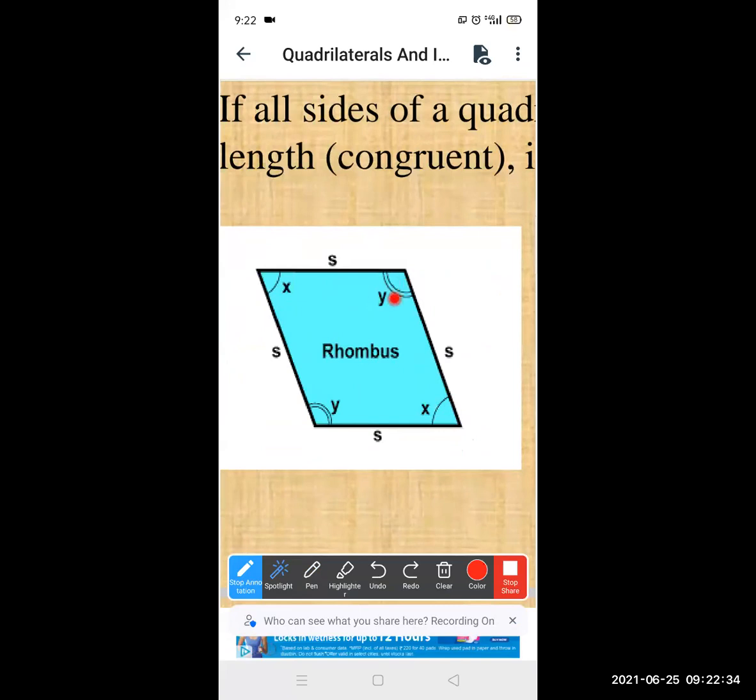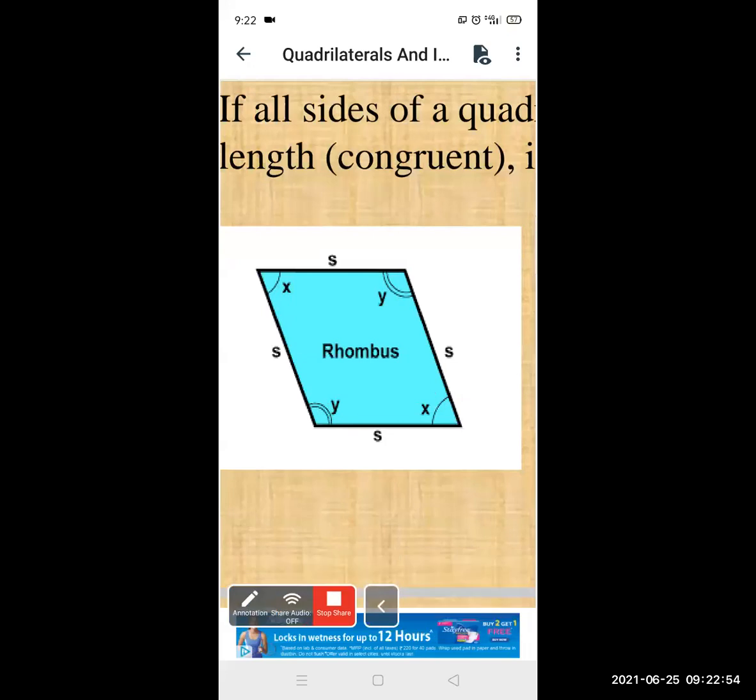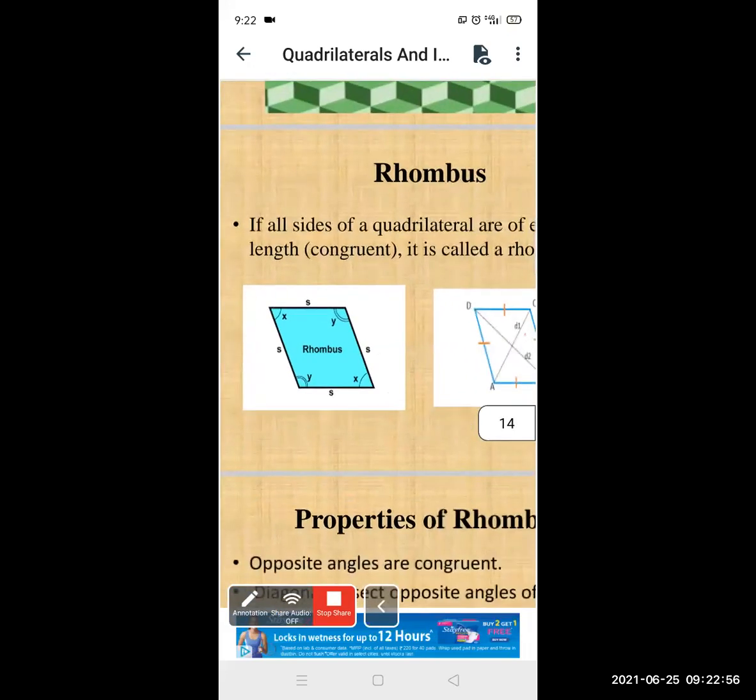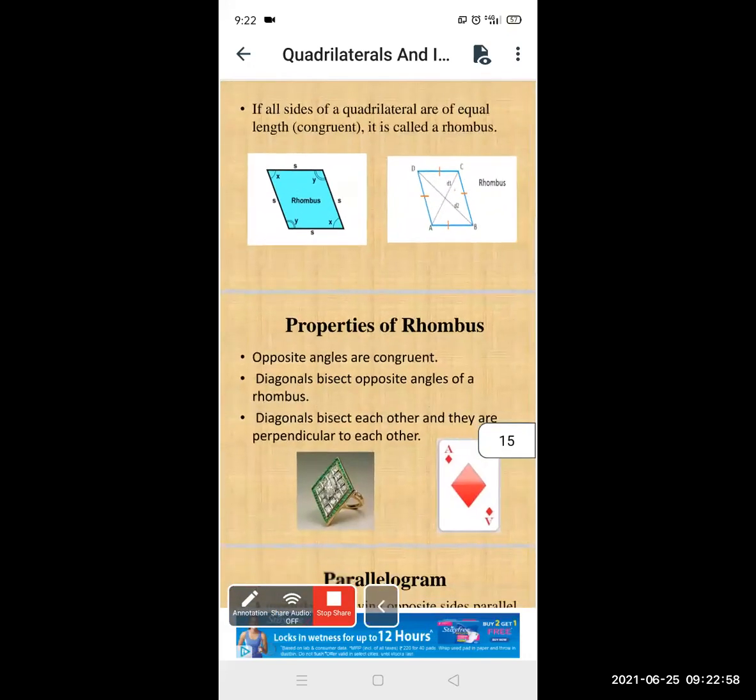Again, here is Y and here is Y, so these opposite angles are also congruent. The sides are S, S, S and S, all the same, but the opposite angles are the same: X and X, Y and Y. So this is the first property of a rhombus.